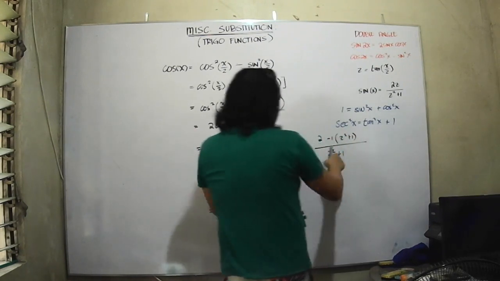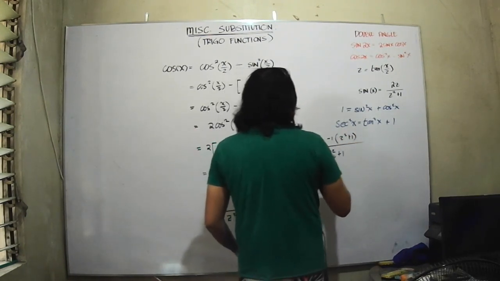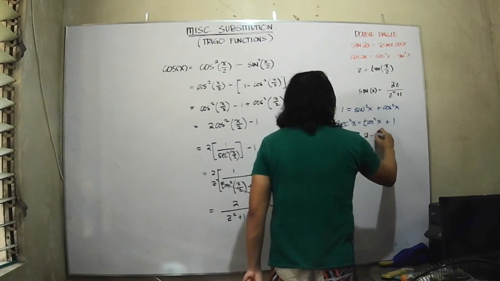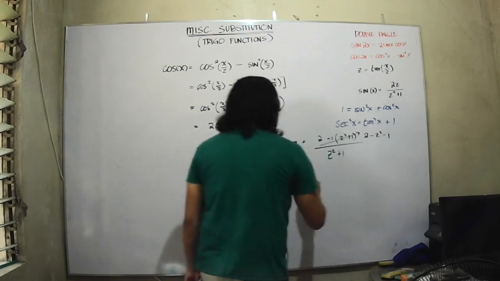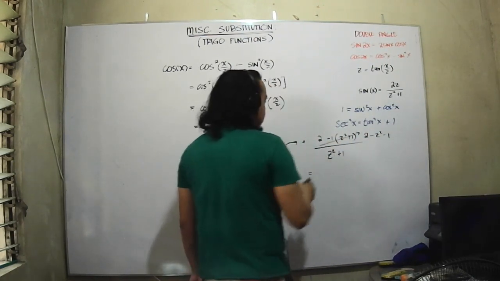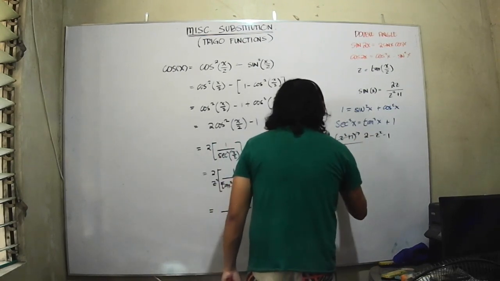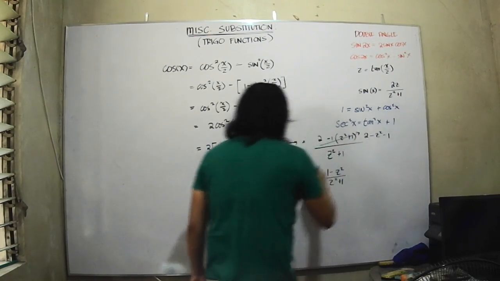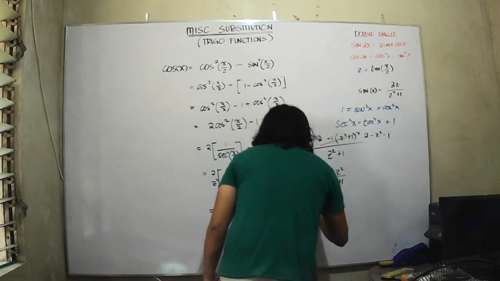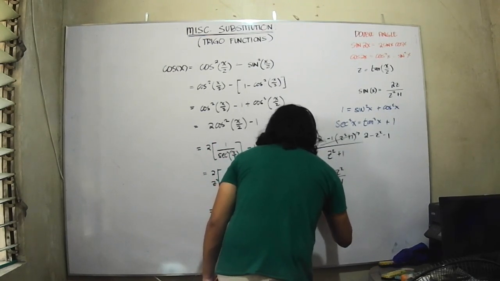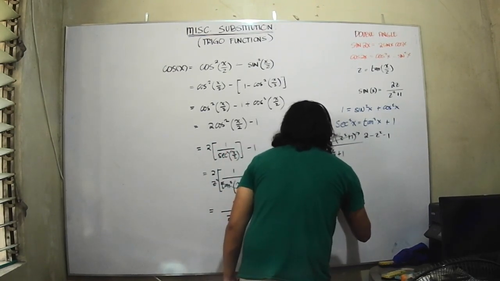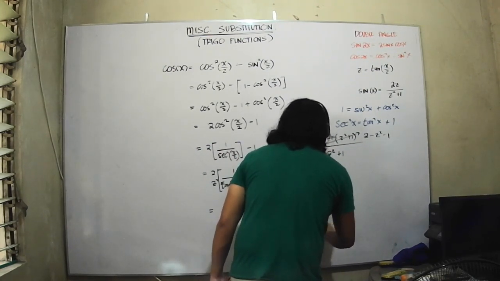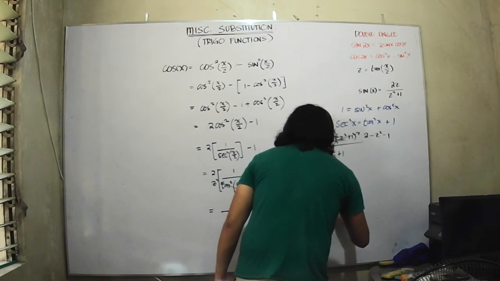Okay, so 2 minus all of this should be equal to 2 minus z squared minus 1. So this immediately becomes 1 minus z squared over z squared plus 1. So by that idea, I can express cosine x in terms of z as 1 minus z squared over 1 plus z squared, or z squared plus 1.